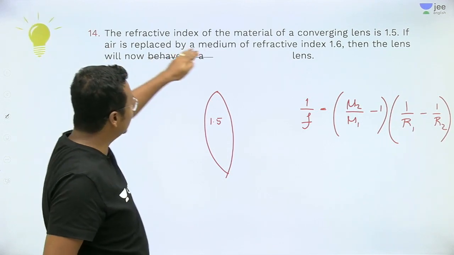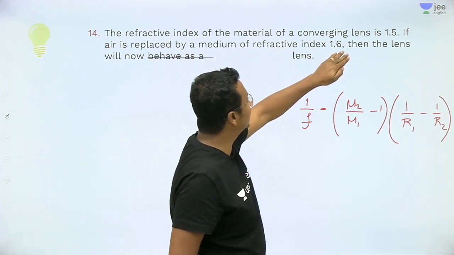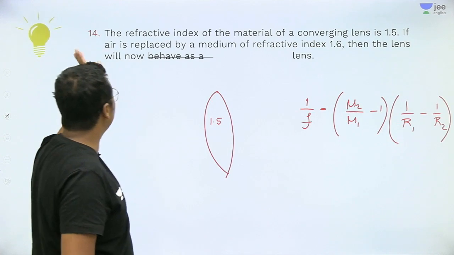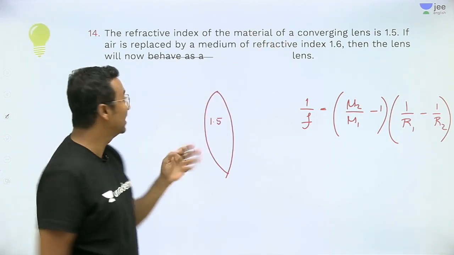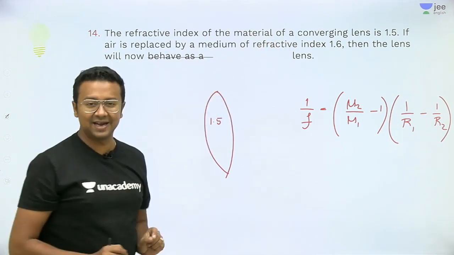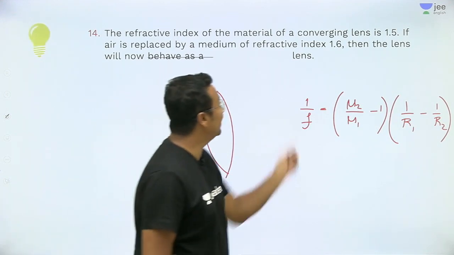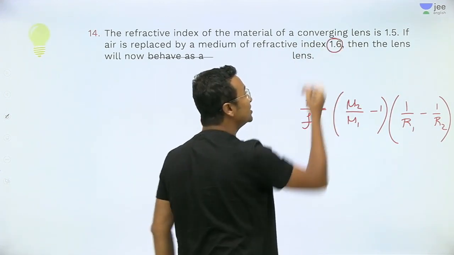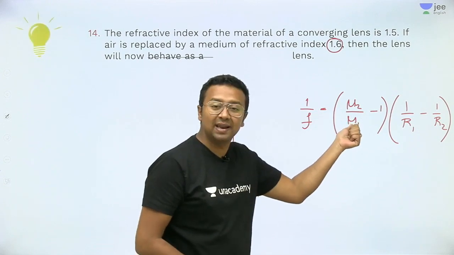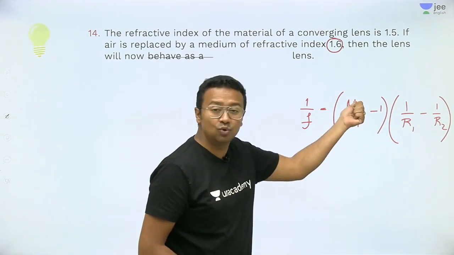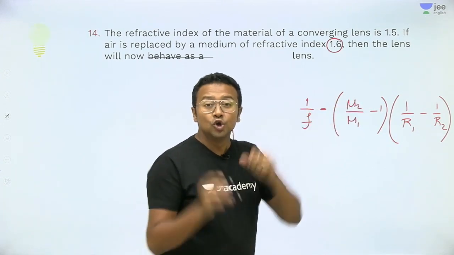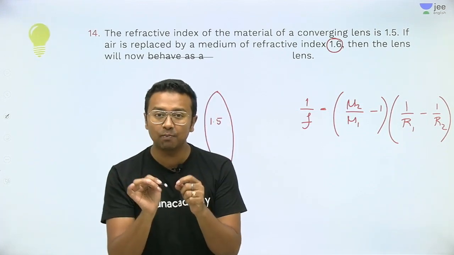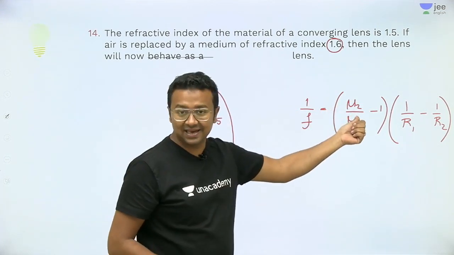Now, if it is replaced by a medium of refractive index 1.6, then how will the lens behave? If the surrounding medium is 1.6, that means mu1 has become 1.6 and mu2 is still 1.5. So, 1.5 divided by 1.6 will be a value lesser than 1.